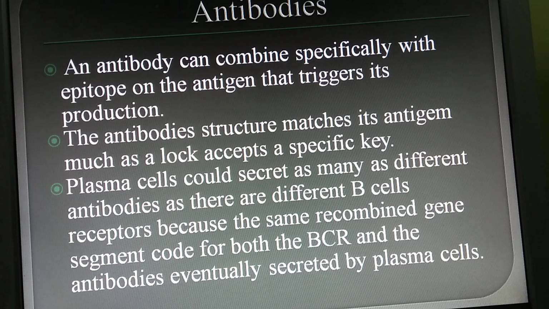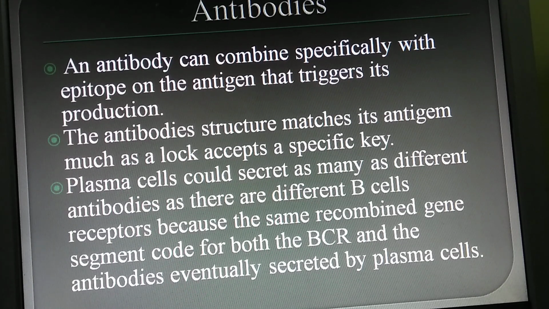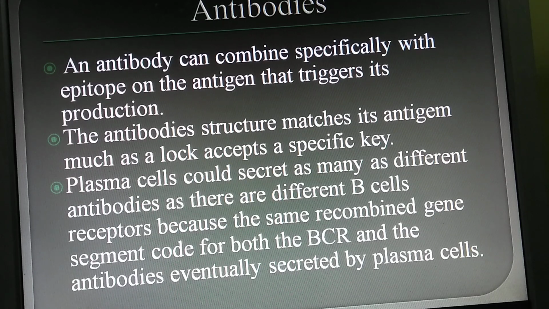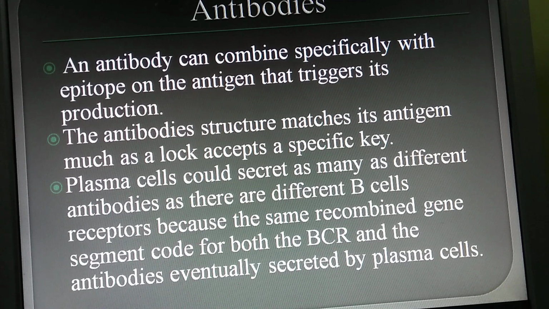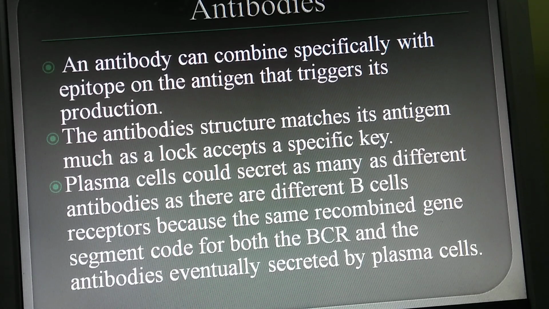The antibody structure matches its antigen much as a lock accepts a specific key. Plasma cells could secrete as many different antibodies as there are different B cell receptors because the same recombined gene segments code for both the B cell receptors and the antibodies eventually secreted by plasma cells.